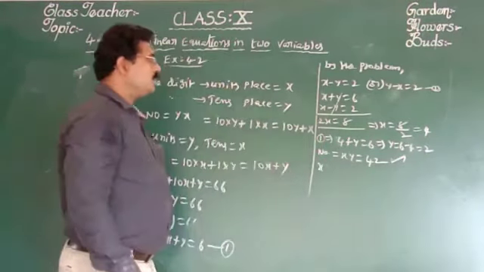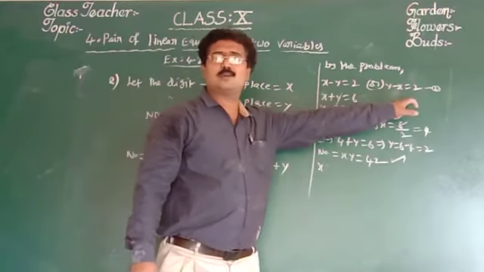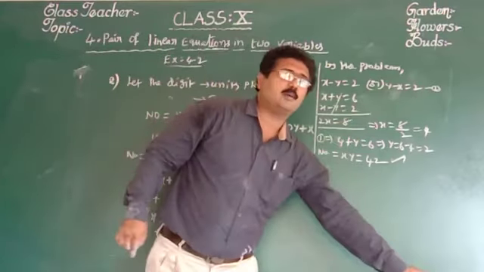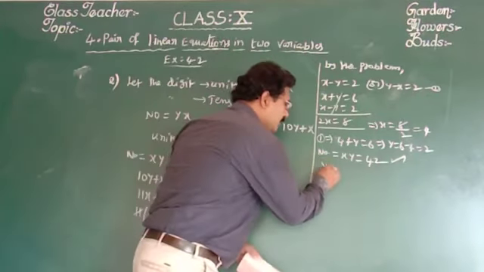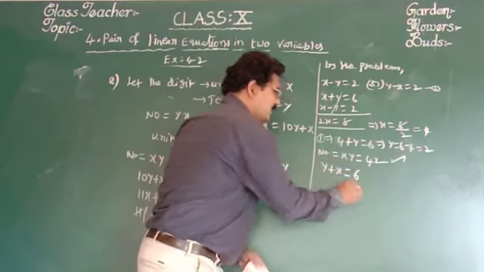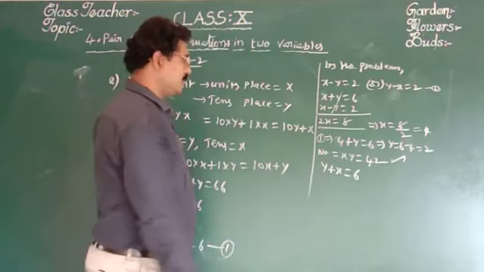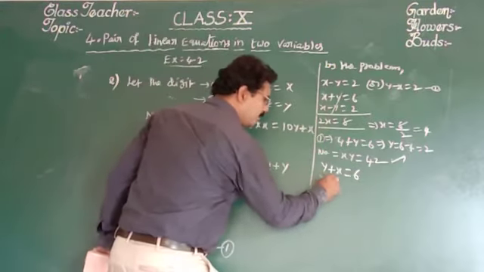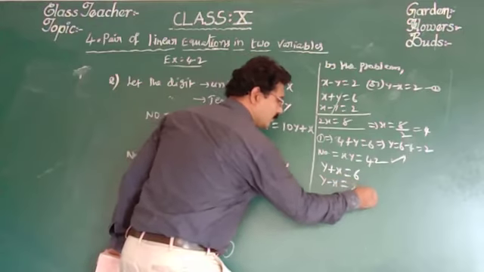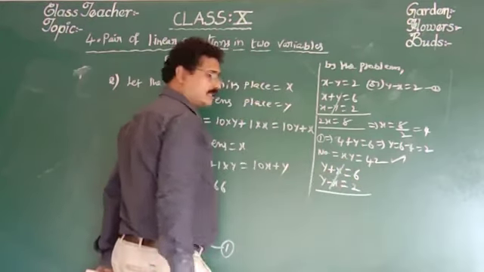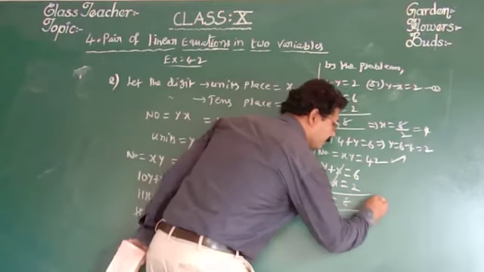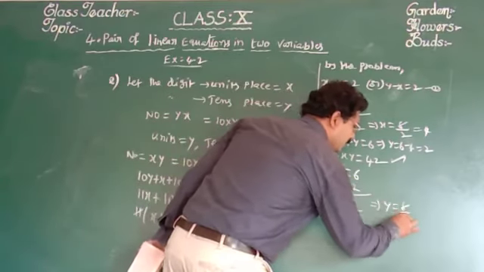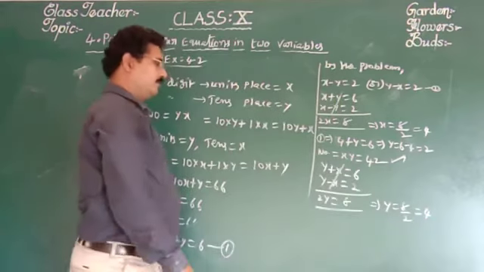Let us take one more. x plus y is equal to 6, and the second one is y minus x is equal to 2. As I told in the previous problem, x plus y can be written as y plus x is equal to 6. Adding, plus x and minus x cancel, so 2y is equal to 8, which implies y is equal to 4.